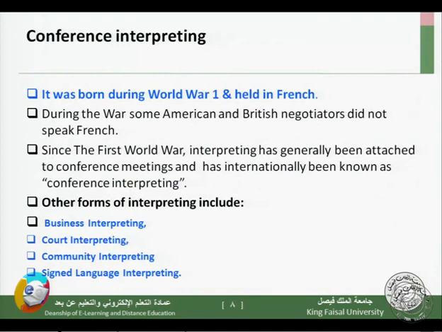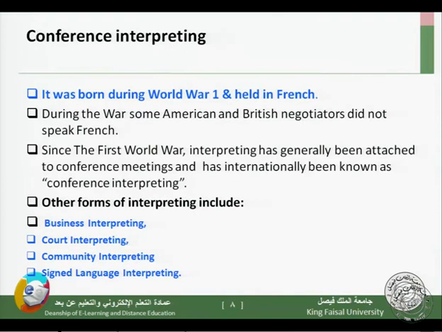Now, I'm sure some of you must have heard of conference interpreting. Conference interpreting, like a baby, started during World War I, and the language which was used during that time was French. So during that period, there were some VIP American and British negotiators.